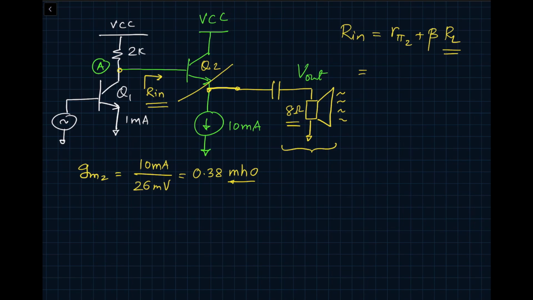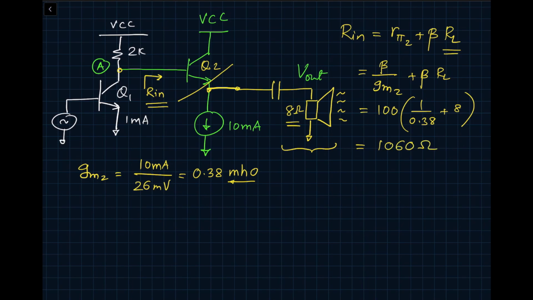So we can substitute in R in: beta divided by GM2 plus beta times RL. This is going to be equal to 100 times 1 divided by 0.38 plus RL, which is 8 ohms. This number is going to come out to be 1060 ohms.